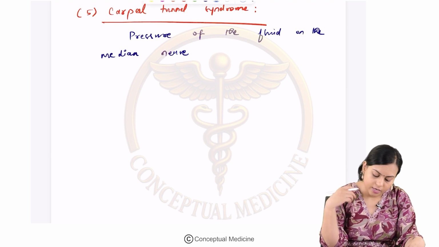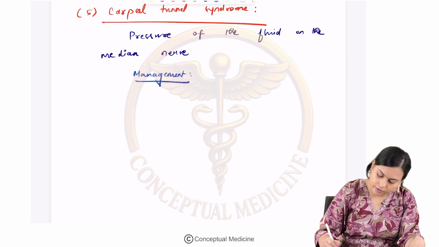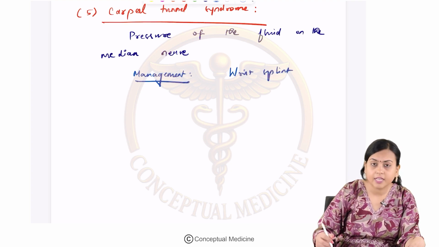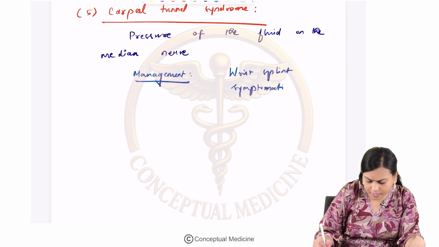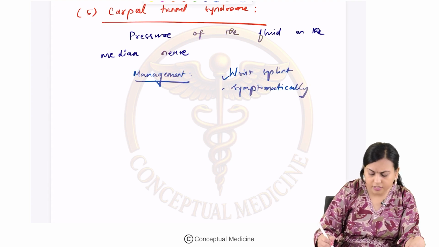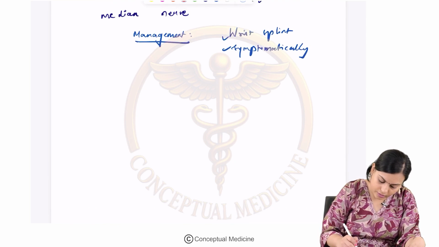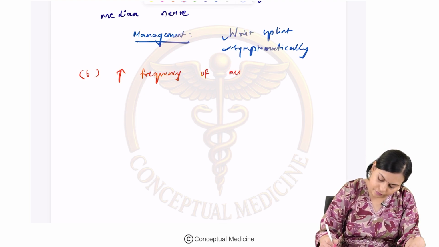Clear? Yes. Now this can be managed by wrist splint, or it can even be managed symptomatically. Okay, mostly managed symptomatically. If needed, we can give a wrist splint also. And the next one is an increased frequency of micturition.